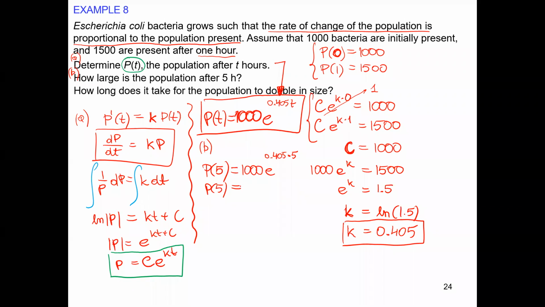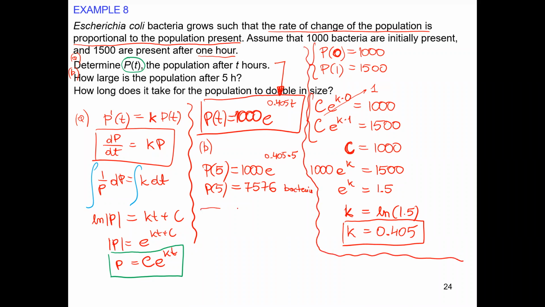Oh, let me check. It is 7,576. Of course, that's how large the population is, the amount of bacteria. Okay. Oh, a little bit crowded, but I'm trying to organize the solution.